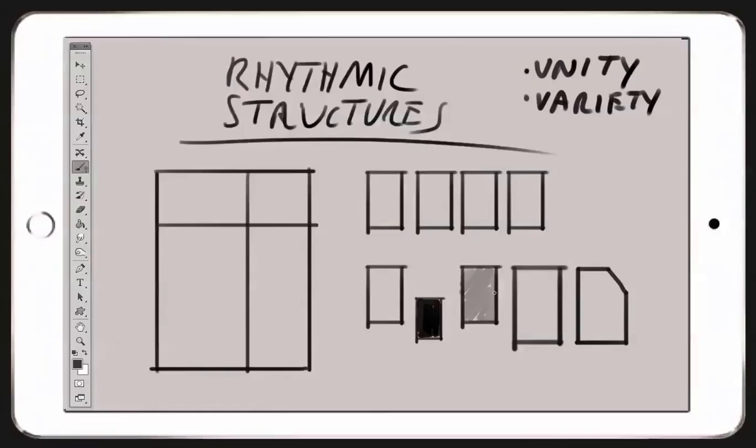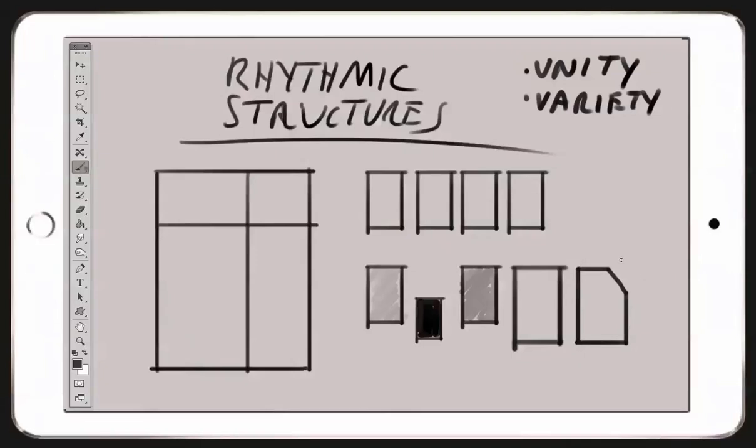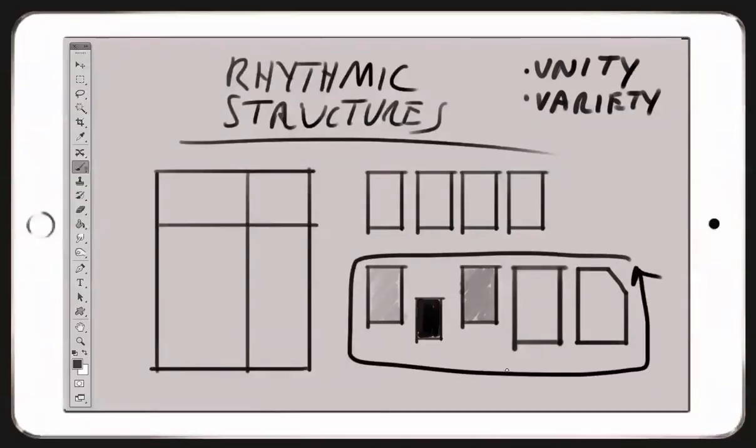And I can add more variety of values to this rhythm by adding a value over here, a light value. So there are different values now, and even different shapes. But overall, the shapes all look pretty much the same, except for this one. But it's not so different that it doesn't look like it belongs with the other shapes, forming this rhythm.